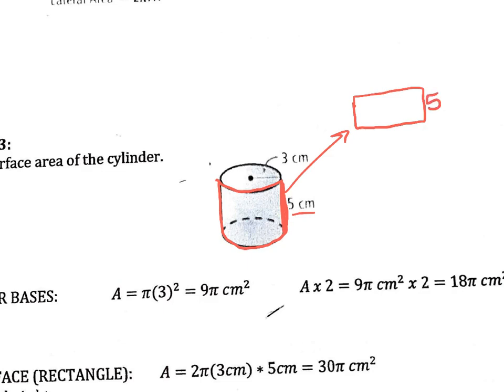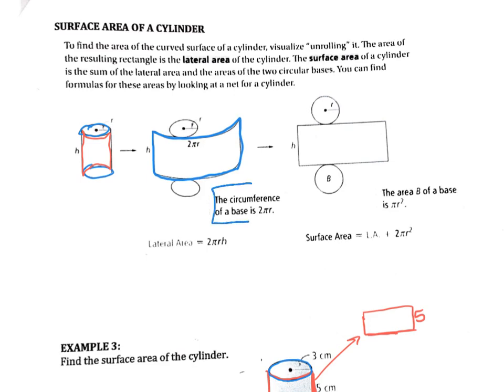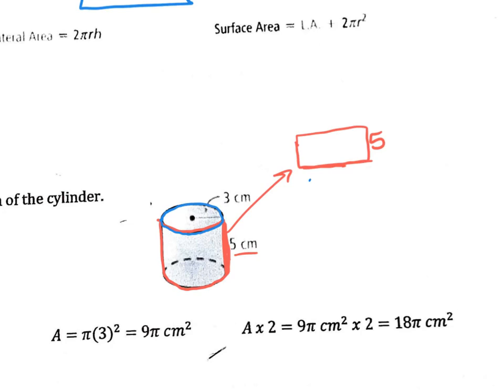And now to find the base of this rectangle, since the rectangle is curved all the way around the circle, that means the base of the rectangle is going to be equal to the circumference, which it mentions up here. The circumference of a base is 2 pi r. So we find our circumference. 2 pi r is 3, which gives us 6 pi. And we'll leave pi in our final answers for now.